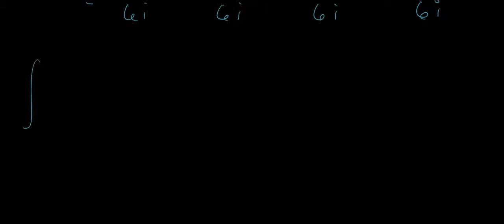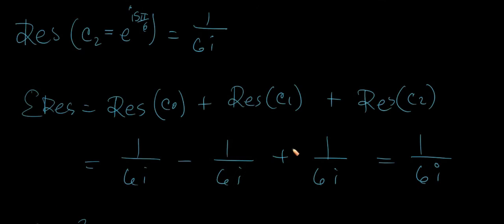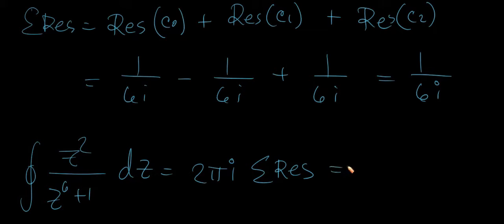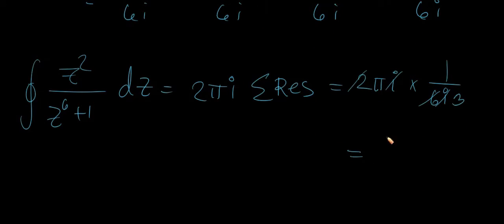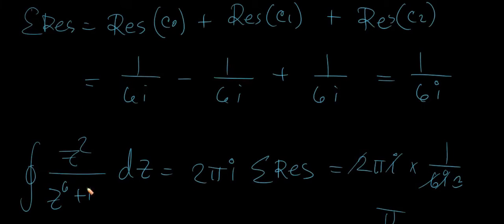And finally you will write the integral of z squared over z to the power 6 plus 1 dz, which equals 2πi times the sum over the residues. Since the sum over the residues is just 1 upon 6i, you use that result, 2πi times 1 upon 6i. This i cancels out. This 2 cancels against this 6 and gives us a 3. So this is just π/3, right? And obviously this thing was broken down into two parts.